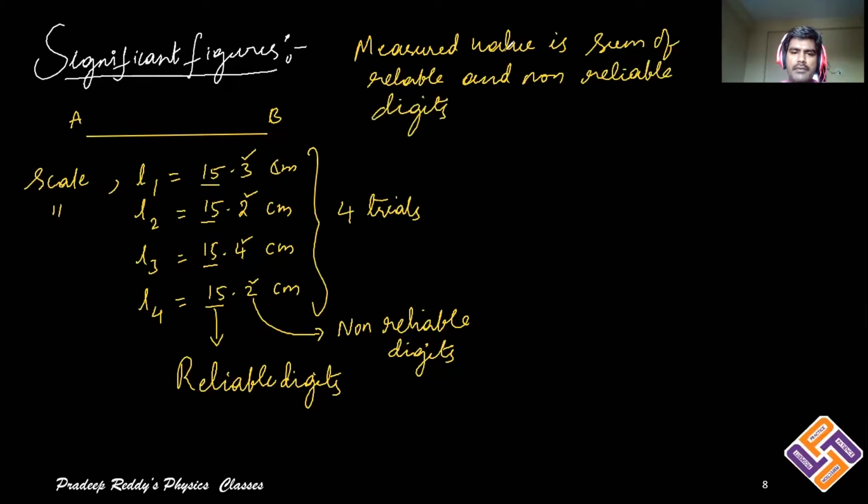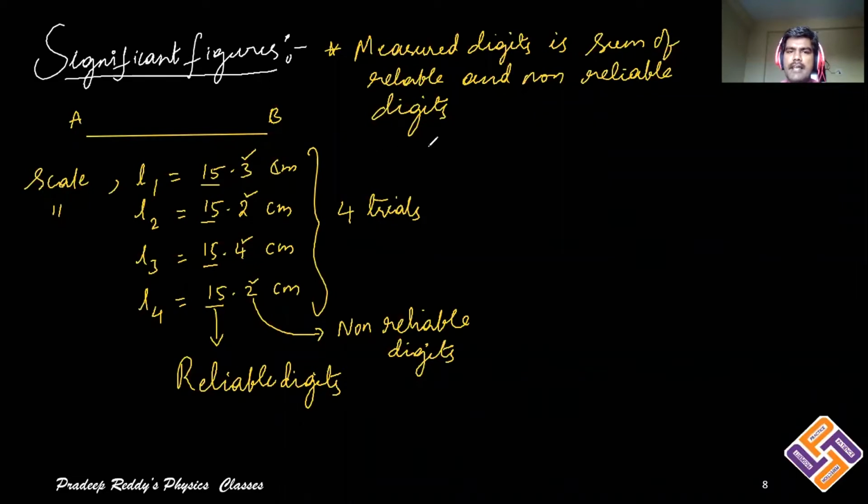Instead of measured values, I will write measured digits, which you are seeing in 15.3, 15.2, 15.4 and 15.2. Of these, 15 is reliable and 3 is non-reliable. The sum of reliable and non-reliable digits is used to represent that particular measurement.